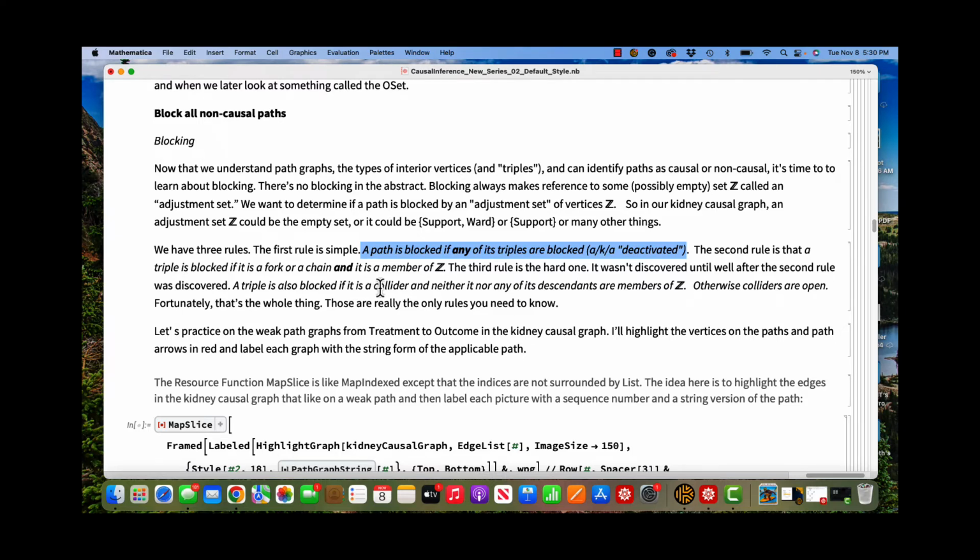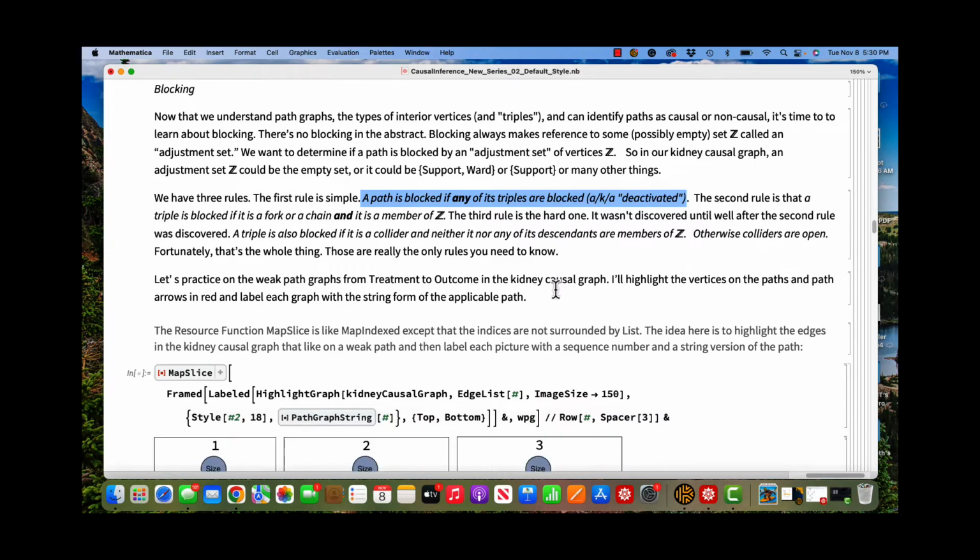So don't block colliders. And neither it nor any of its descendants are members of Z. So if you block a collider, you will actually open the non-causal path, and if you block a descendant of a collider, you will also unblock an otherwise blocked path. And those are the 3 rules you need to know. I know they're a little hard in the abstract, but let's take a look at it, okay?